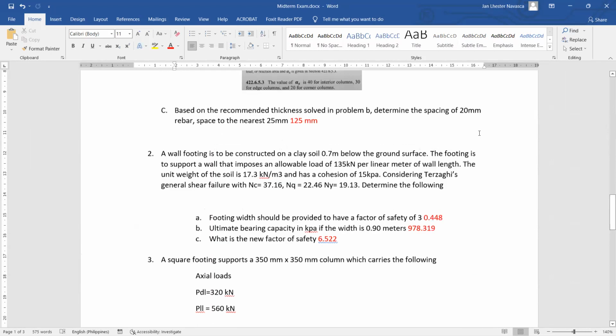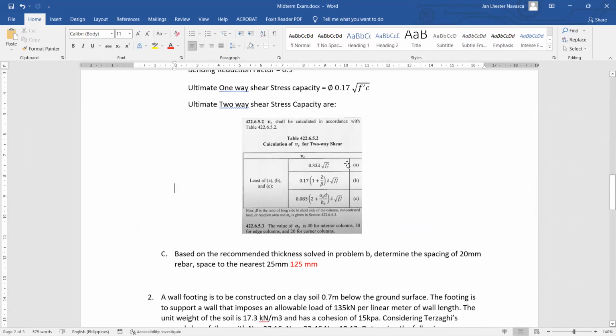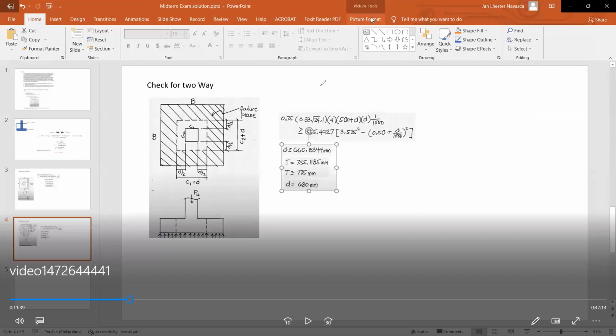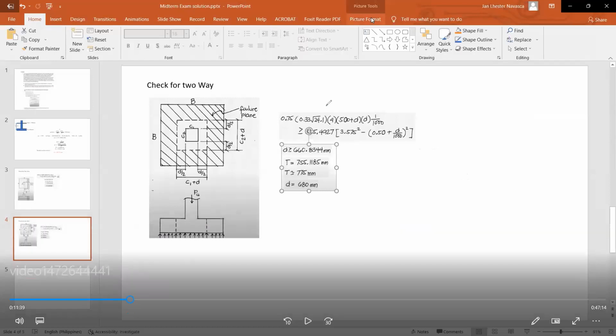Okay, and if you solve for the three capacities, the governing is letter A, yung 0.33 lambda square root of f prime c. So if you go back to the solution, just equate again the capacity to the demand. So ito yung inyong capacity should be greater than or equal to the demand.